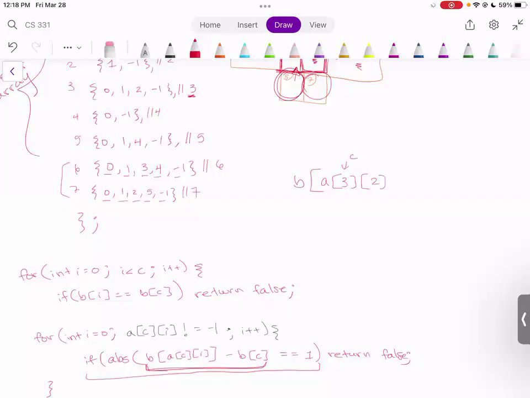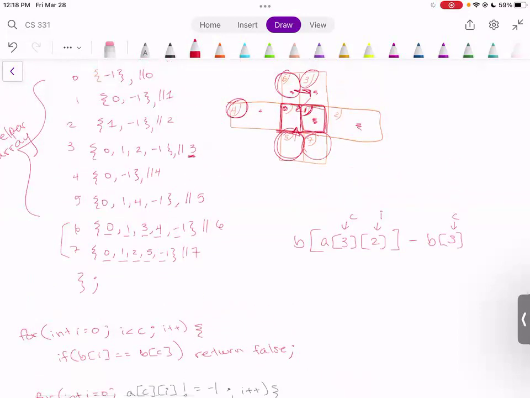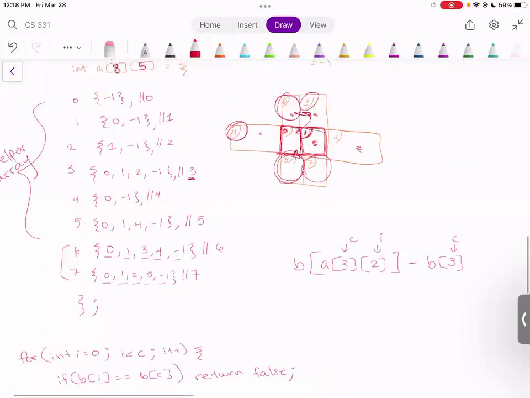Okay, this is c, this is i, and then I close this, and then I subtract b sub c, and so I said c is 3, so c has to be 3. Let's see what this equals. a sub 3 sub 2. So I go to the third row, right here, and I go to the 0, 1, 2. I go to the second position, the third position. And so that's a 2. This whole thing is a 2.